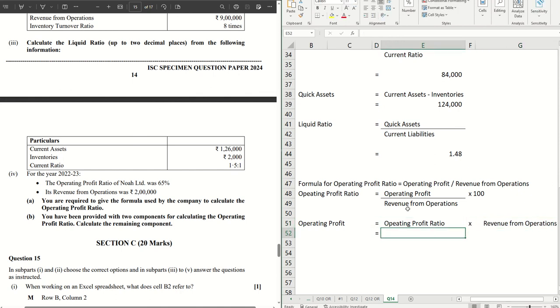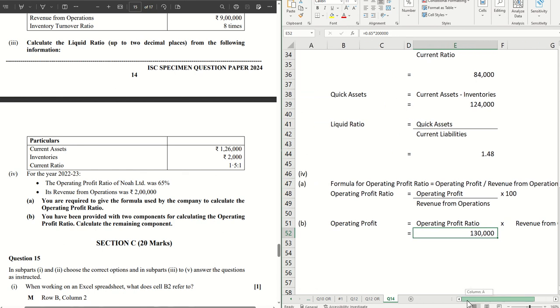Let's put the values. Operating profit ratio is given as 65%, so 65% is 0.65, into 2 lakh that we have. So 1,30,000 is our operating profit. The missing component is calculated. So this completes our entire paper.